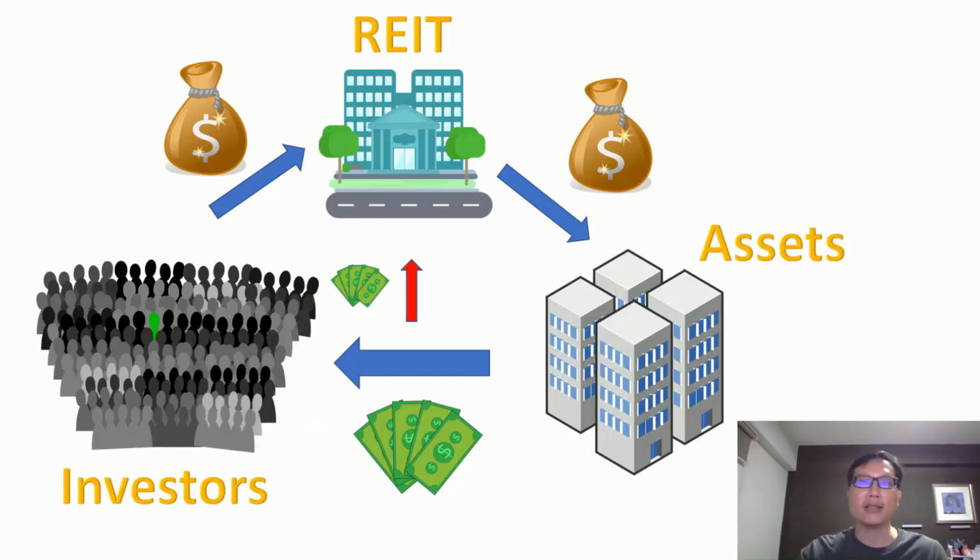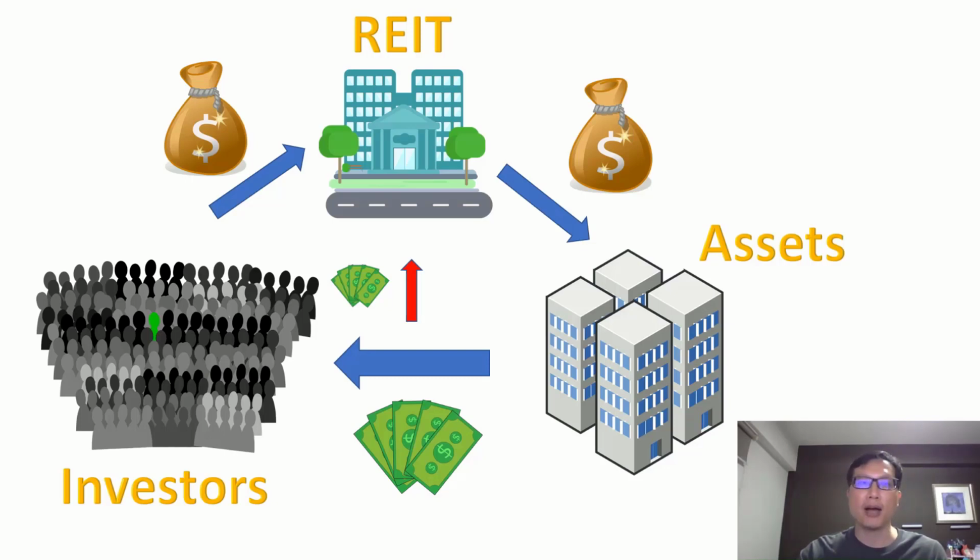It is exactly the same for REITs, except the scale is much larger. Instead of an individual, we now have a group of investors who are looking for income. They invest their money in a REIT which is managed by professionals. They use the money to buy up income-generating assets.